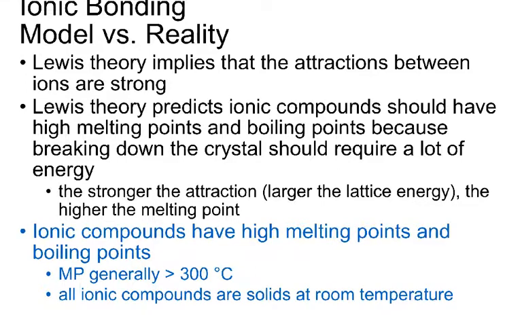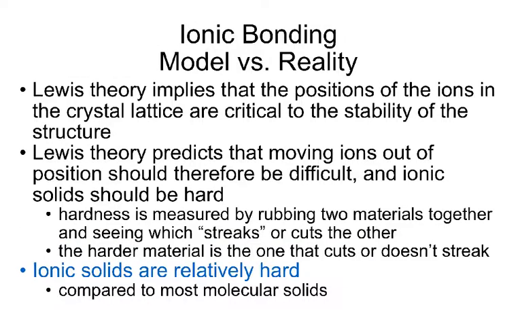And in order to break all of that, you have to break that lattice energy that we were talking about. So our prediction is that ionic compounds have high melting points and high boiling points, which ends up being true. Melting point is greater than 300, and they're all solids at room temperature.